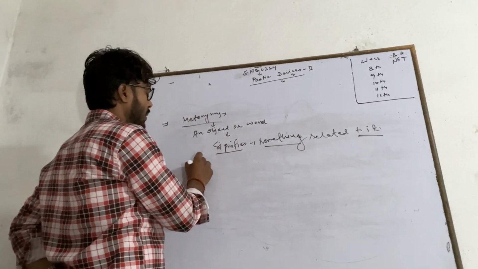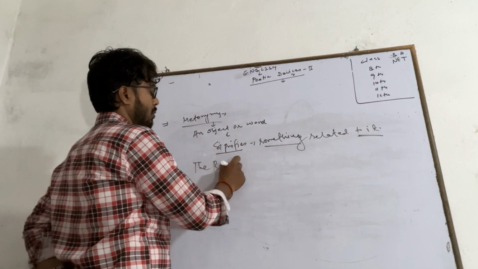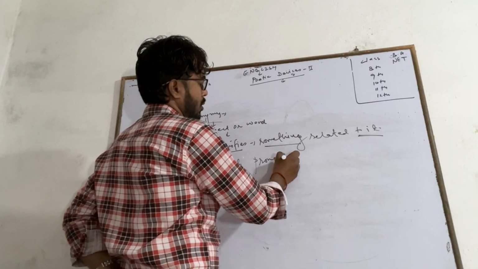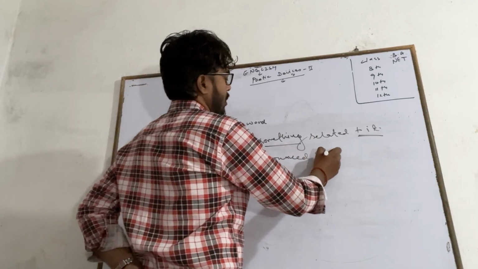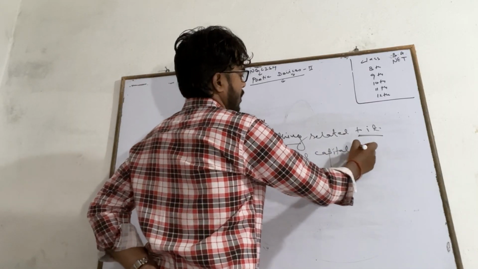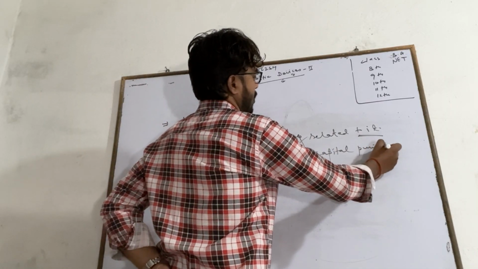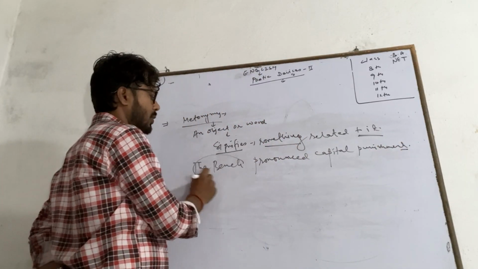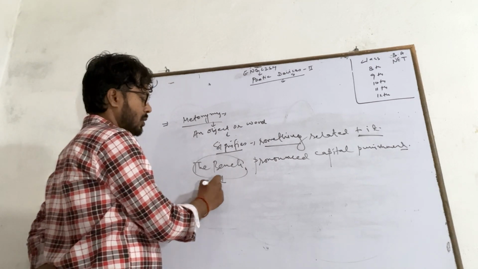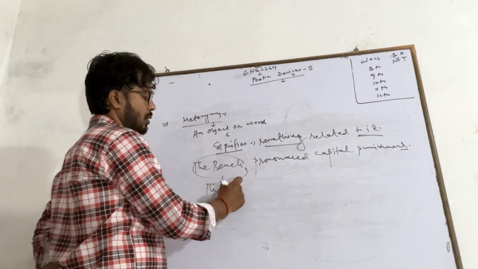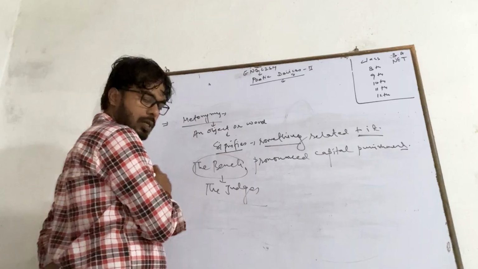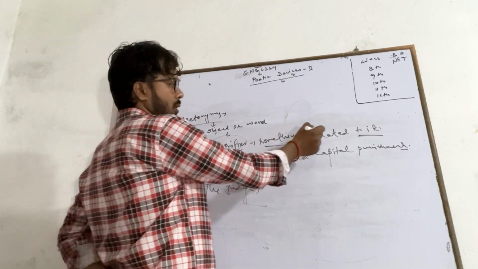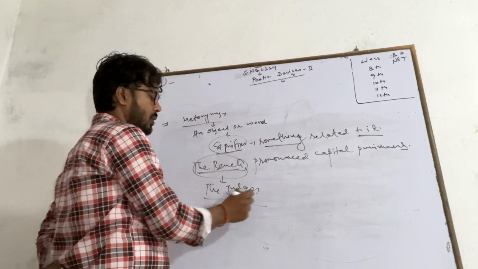Okay, when I say the bench pronounced capital punishment, the bench is what? Is it a simple bench? No. The bench means the judges. The bench is signifying something related to it. It means the bench means judge.